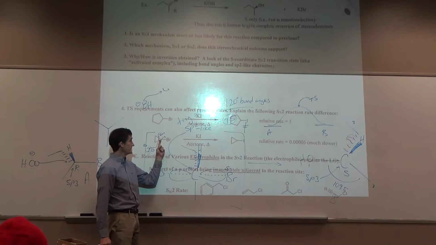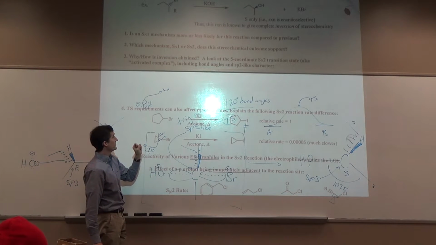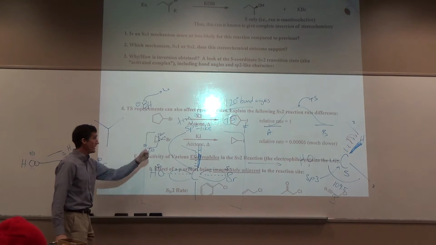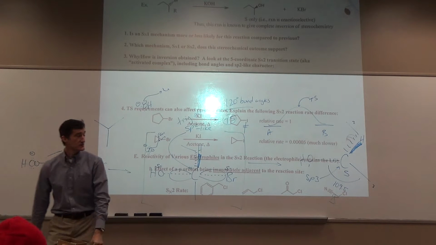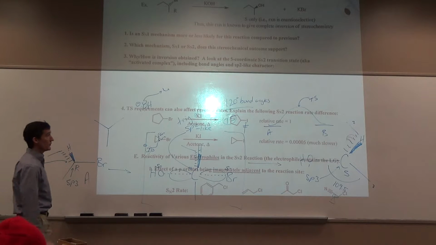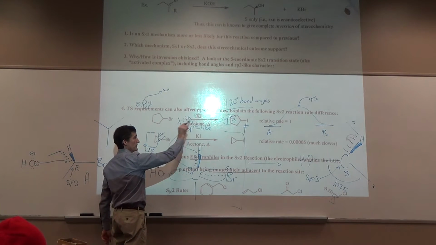But this is not going to be able to achieve the highly preferred 120. That's more likely to achieve the highly preferred 120. Because this can't achieve it, it's much slower. Maybe it achieves, I don't know, something, and the reaction still goes, but it's just so slow because it hasn't achieved the optimal 120. So, understanding the transition state bond angles allows you to understand this rate.